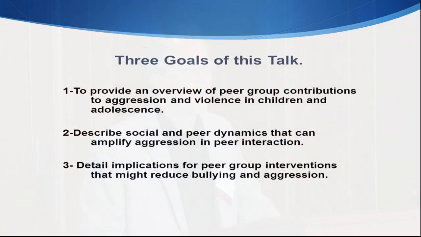One is to provide an overview of the peer group contributions to aggression and violence, what we know about the kinds of dynamics that lead to increases in violence over time. Second, to describe how social and peer dynamics can amplify aggression in peer interaction. And then third, to detail implications for peer group interventions that might reduce bullying and aggression.